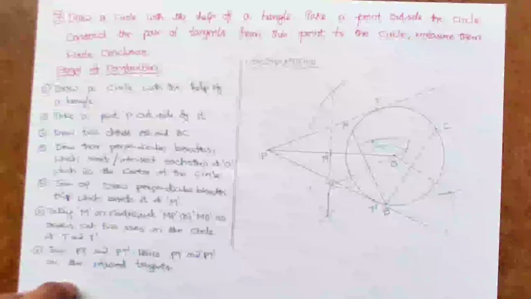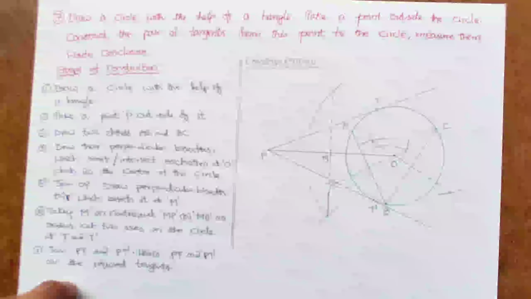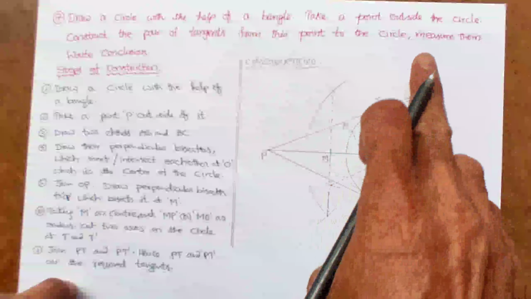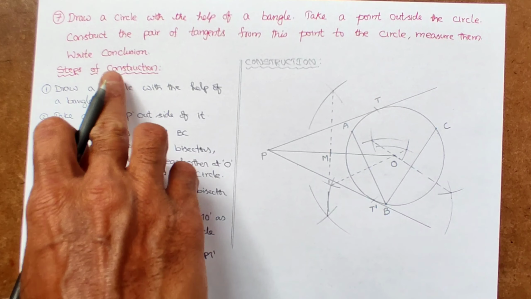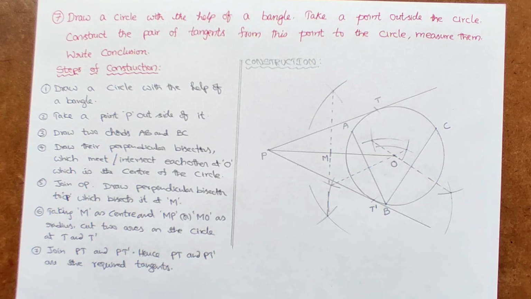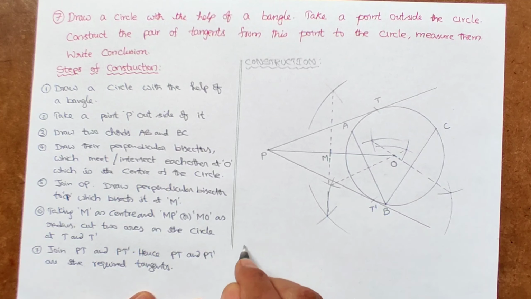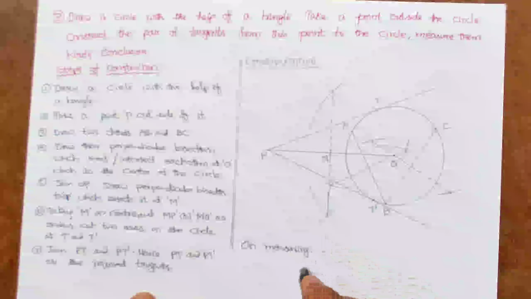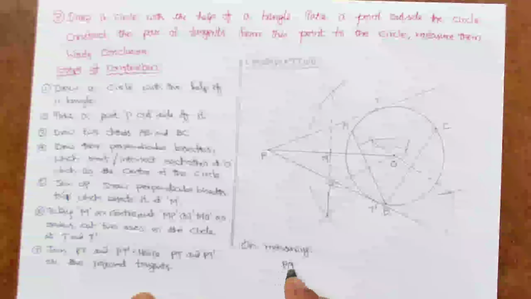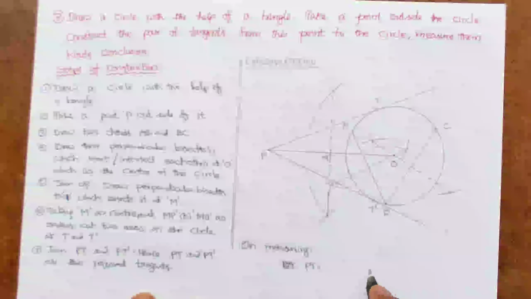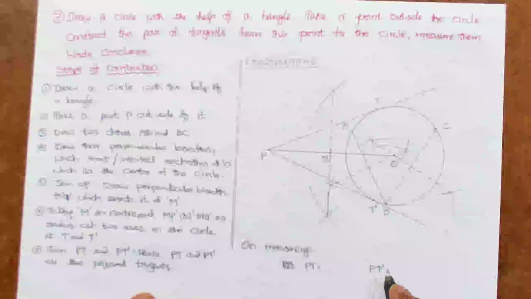So here PT and PT dash are the required tangents, and the thing that is left is to measure them and write the conclusion. On measuring we got PT equal to how many centimeters, and PT dash equal to how many centimeters.